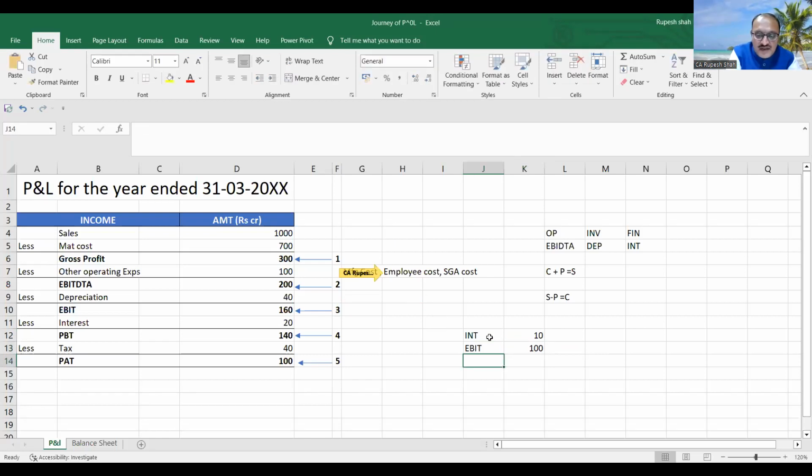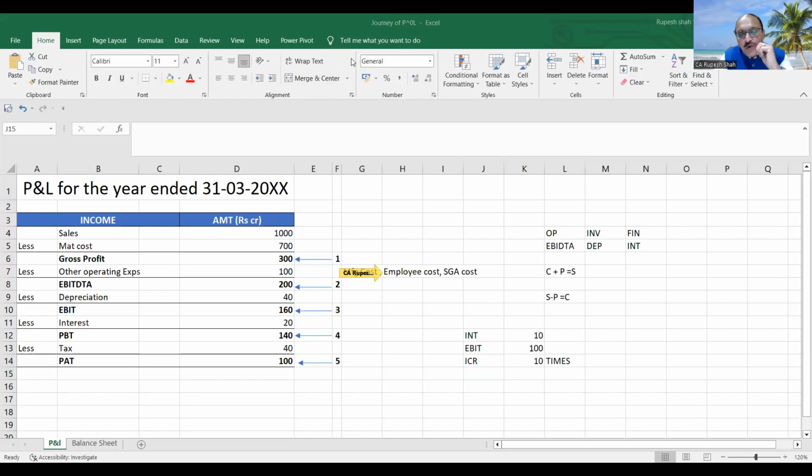So my interest coverage ratio means what? Sorry, it is 100 divided by 10. So it is 10 times. It is called 10 times. So I have to pay 10 rupees of interest, but before that I am earning 100 rupees, so I am covered 10 times. That is called the interest coverage ratio. Is this clear, sir?